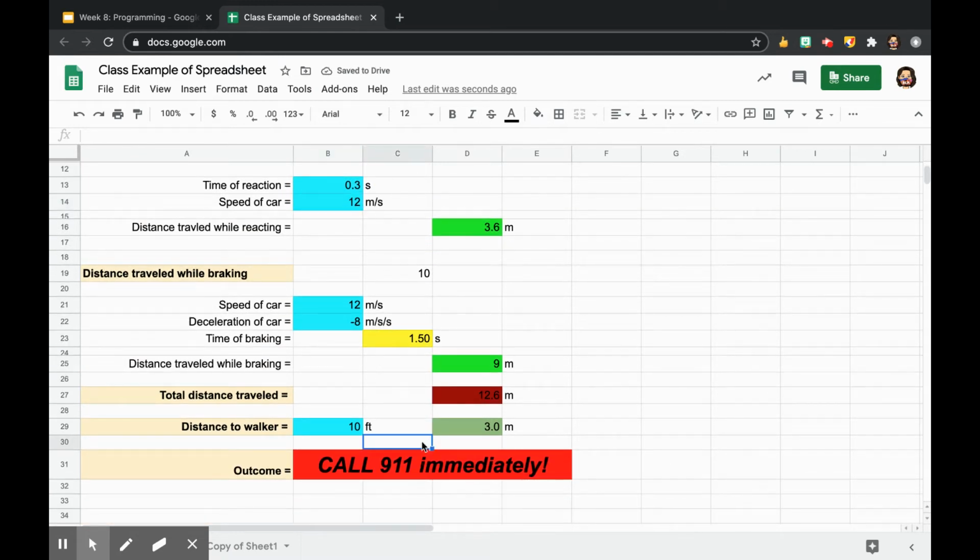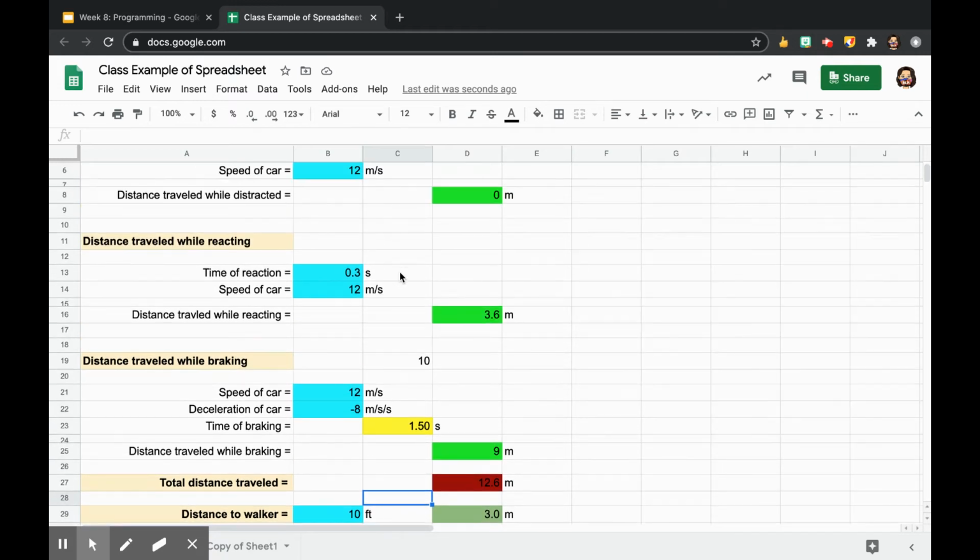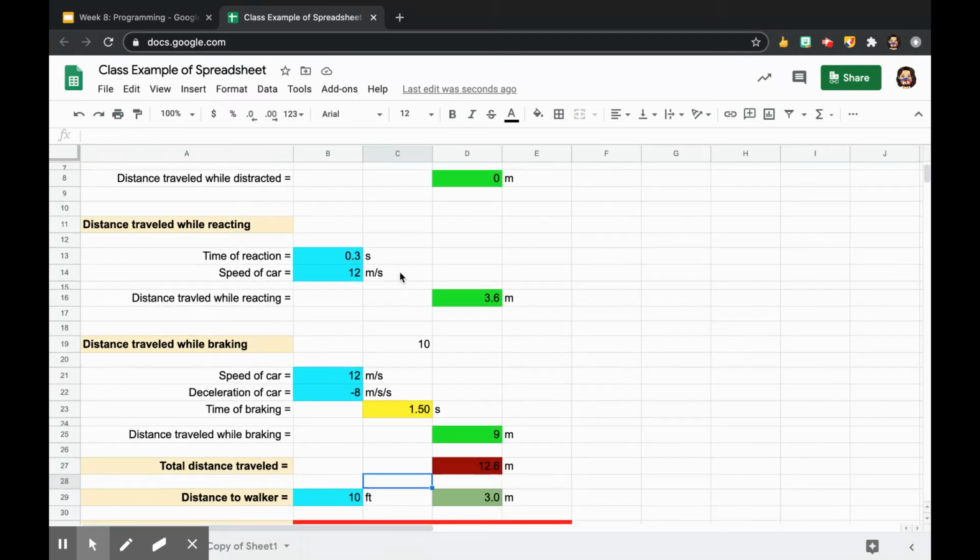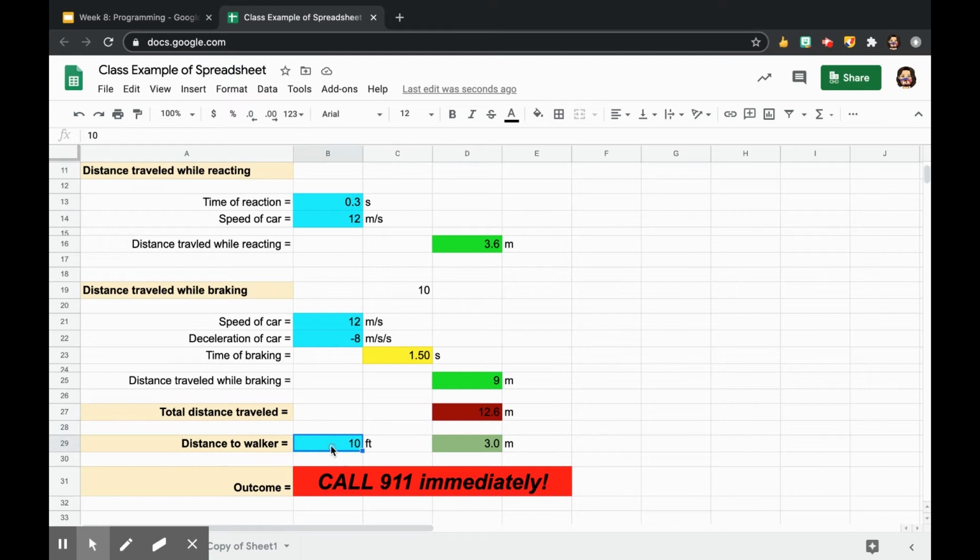Oh, this person still got hit. Well, that's just an example of a program spreadsheet and how it can change. Let's say I change my distance of my walker to, let's say, 50 feet. Oh, look, they didn't get hit, but I will show you how to do this at a later time.